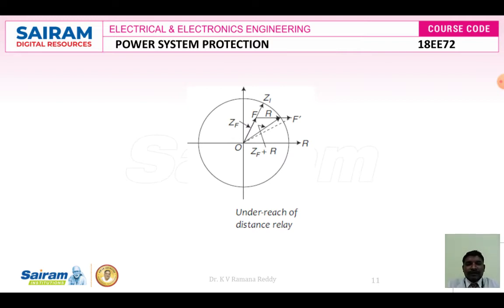Here, in case of an underreach of distance relay, the impedance characteristic lies within the circle, even for the fault location impedance ZF and ZF plus R. Here R is shown at the adjacent side of the right angle triangle, that is the amount of resistance from the fault location to the relay location, and the impedance from fault location to relay, that is ZF, is shown on the opposite side.